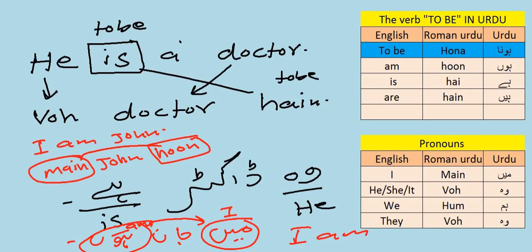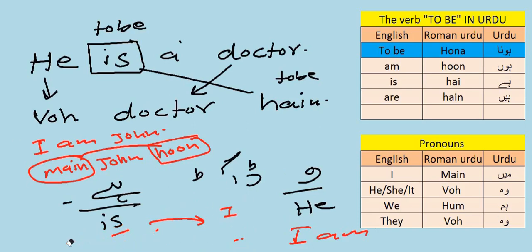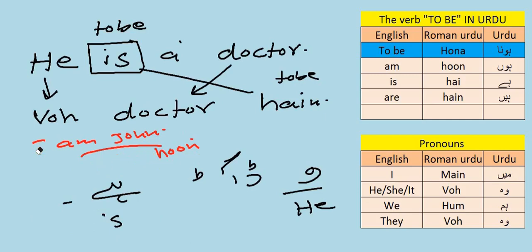Now similarly we can also say वो doctor है. He is a doctor. So whenever we start our sentence from वो, then we will end our sentence with है. I will write it here again. वो doctor है.